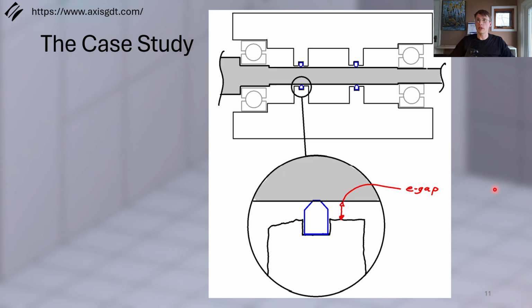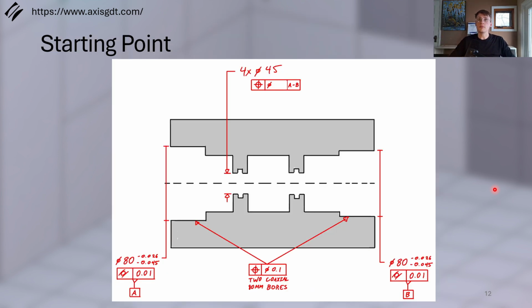So let's look at the drawing that I was presented with, and I'm simplifying it a little bit because we're going to assume that the shaft was perfect form and perfect 45 millimeter diameter across the seal interface. So the starting point, we had these two 80 millimeter bores, and they were both toleranced for interference fits with the bearing race.